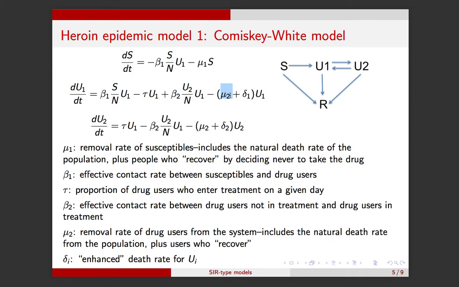So it's just like a general removal rate, like mu1. Now, if you are a drug user, there's some sort of enhanced death rate for that group. You just are more likely to die. So delta 1 is like the enhanced death rate for that group. So you take a general removal rate from the population and enhance it a little bit. Okay, so all that to say, right? U1 has 4 arrows.